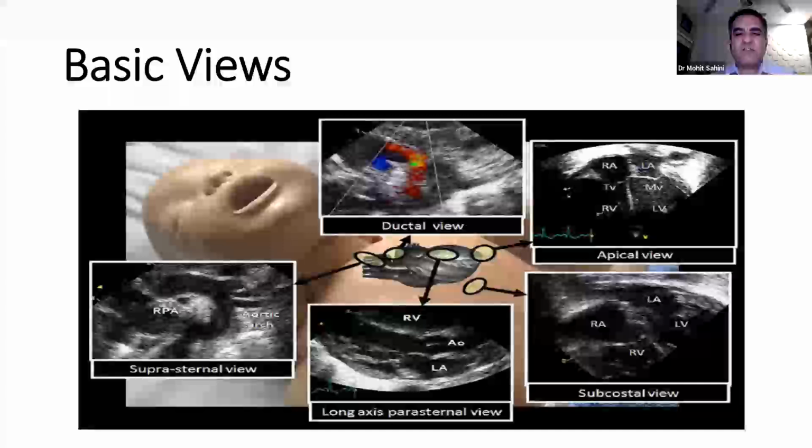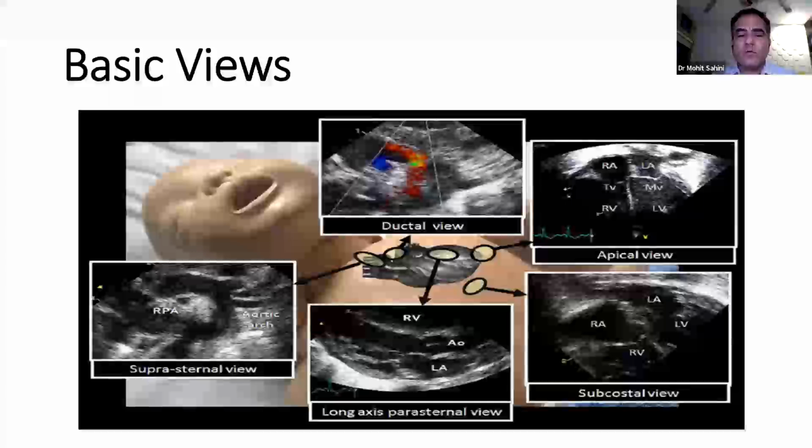So people with experience over time have seen that a particular part of the heart is best visible from a particular window. They have nomenclated those windows and designated that particular images, views, and structures are best visible from that particular part of the chest.